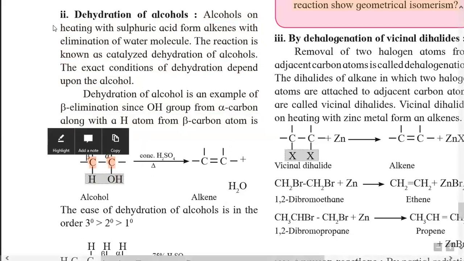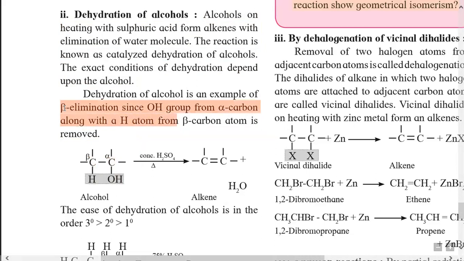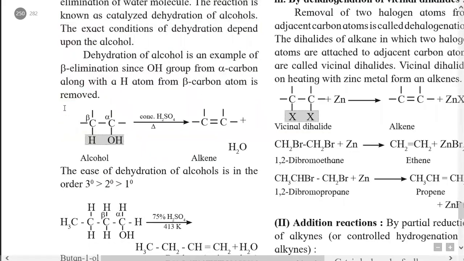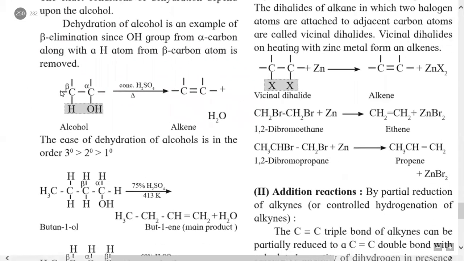Here, from the beta carbon, a hydrogen atom is eliminated, and hence it is also called beta elimination. So in the beta elimination reaction, the OH group from the alpha carbon and the hydrogen atom from the beta carbon are removed.